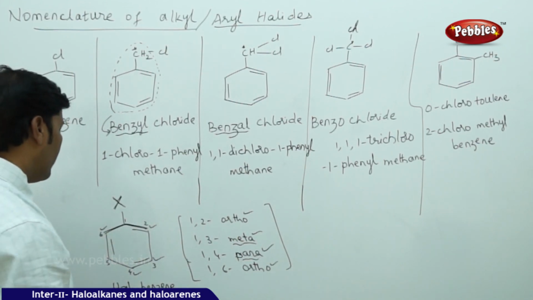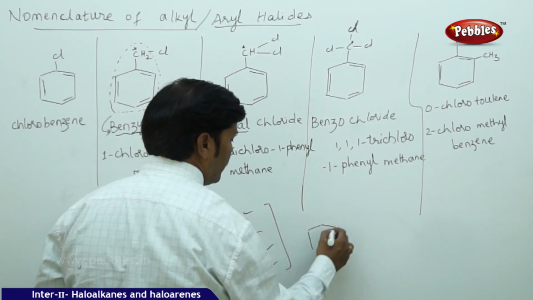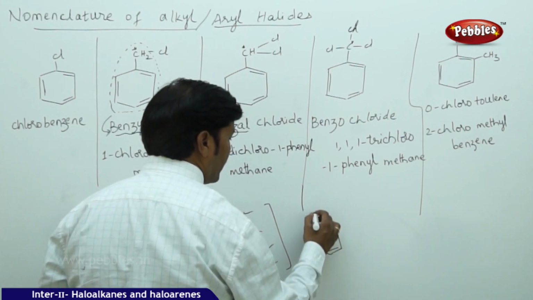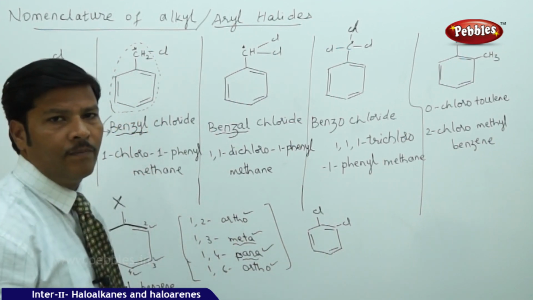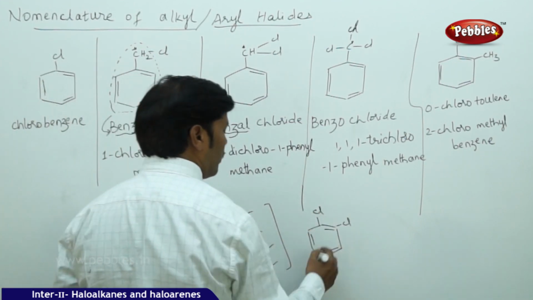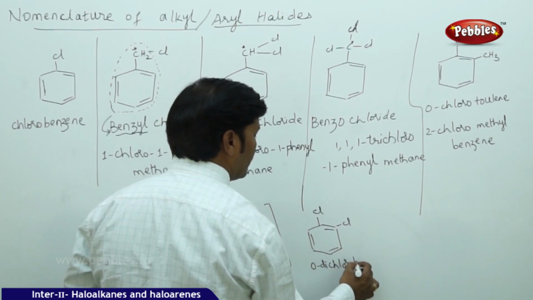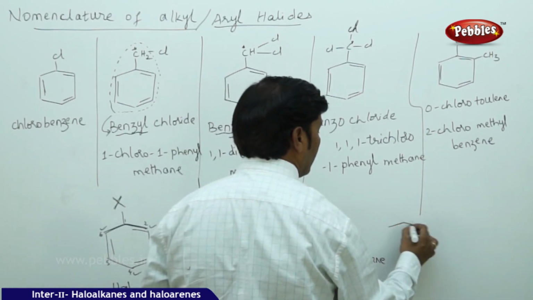So suppose, for example, keeping this in our mind, I am taking a benzene ring and I am taking chloro groups. At ortho position a chloro group is there, so this is ortho dichlorobenzene. Next it comes para dichlorobenzene.